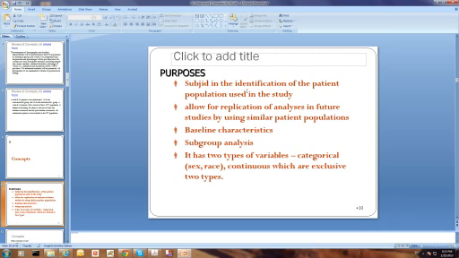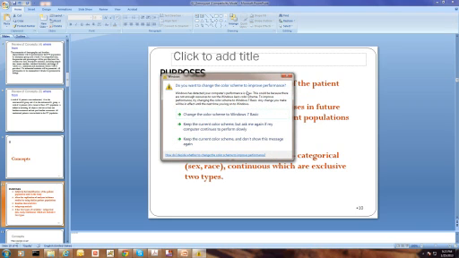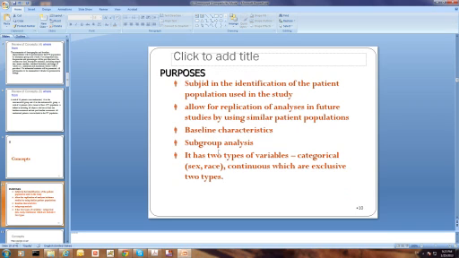And another thing that is very important for the study is not just providing a whole picture of the population you are using, but also the baseline characteristics. For example, if you are studying blood pressure and a drug that claims to reduce the blood pressure, then the baseline characteristics, what happened at the very beginning, are very critical.